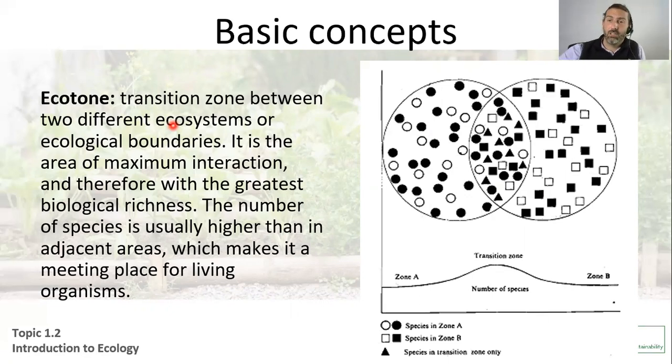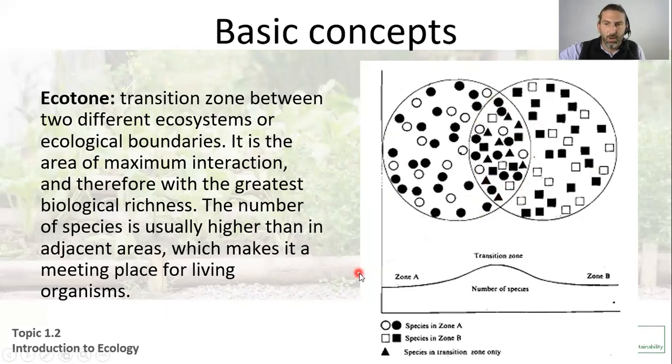Because what we see here on the right hand side are two different ecosystems. There you see one with black and white dots. You have the one with the black and white squares. So those are the two ecosystems. And those are interacting at their borders, the ecotone or the edge. And here we have overlapping elements, and we see everything is mixed.